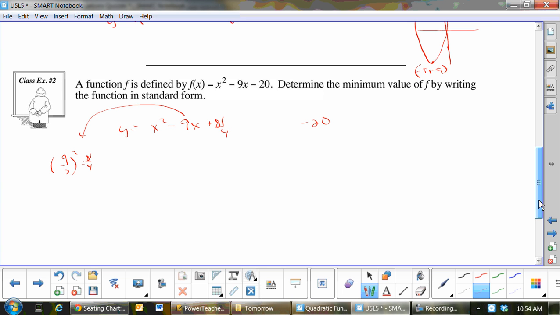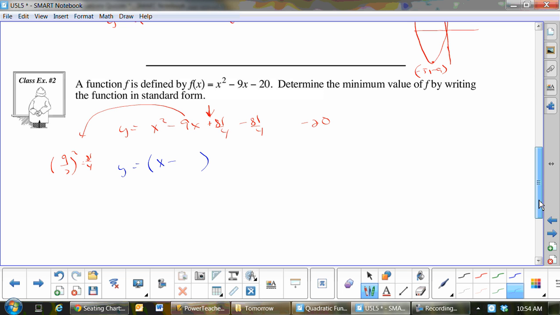Now, do you notice what this sign will always be, this one here? What will this always be? Positive, because when you square something, it'll always be positive. And then minus 81 over 4. Now, we'll see if you guys are paying attention to what I said. What will this be right here?